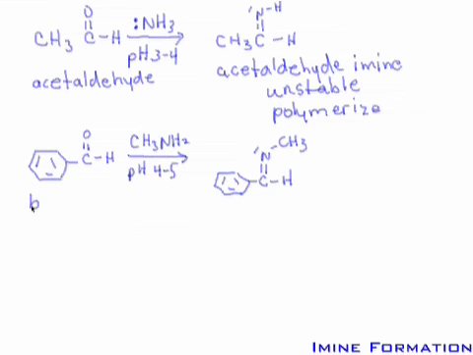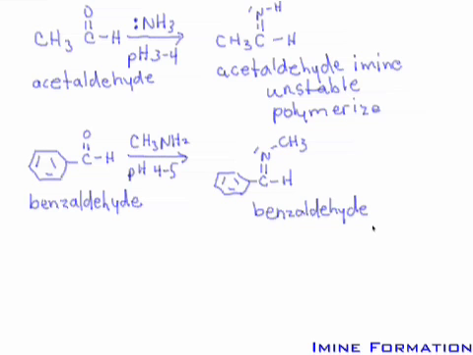If this molecule is benzaldehyde, what you see here must be benzaldehyde imine, because the C double bond N is an imine. But you'll notice if I say just benzaldehyde imine, there is no distinguishing.